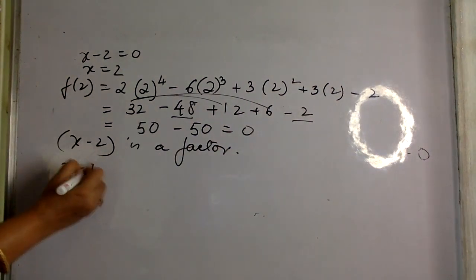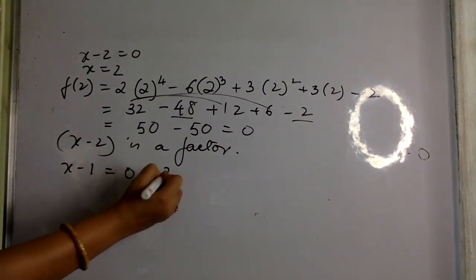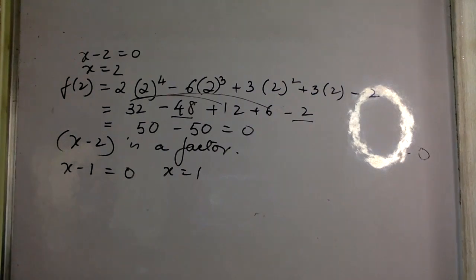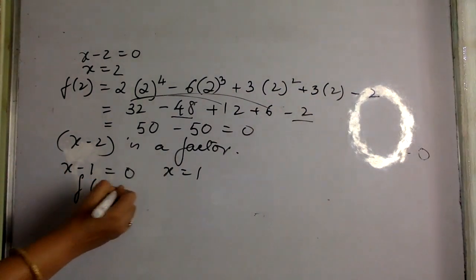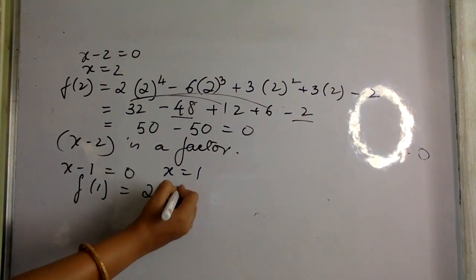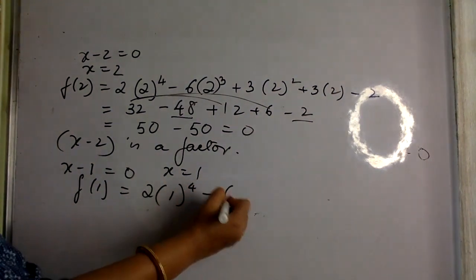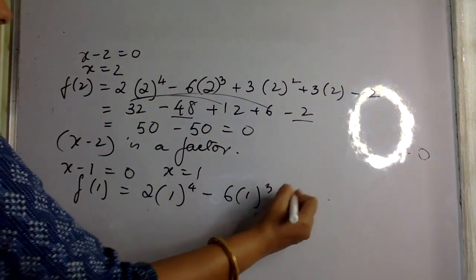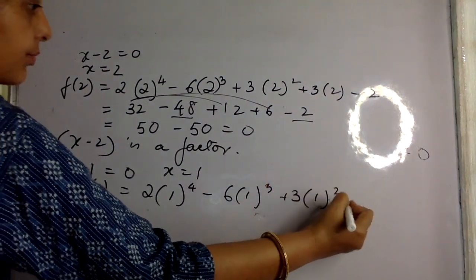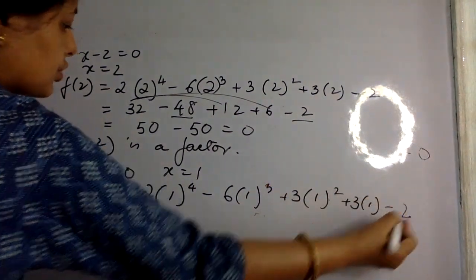My other factor is this, so I am going to substitute x is equal to 1 now. So f(1) is equal to 2 into 1 to the power 4, minus 6 into 1 cube, plus 3 into 1 square, plus 3 into 1, minus 2.